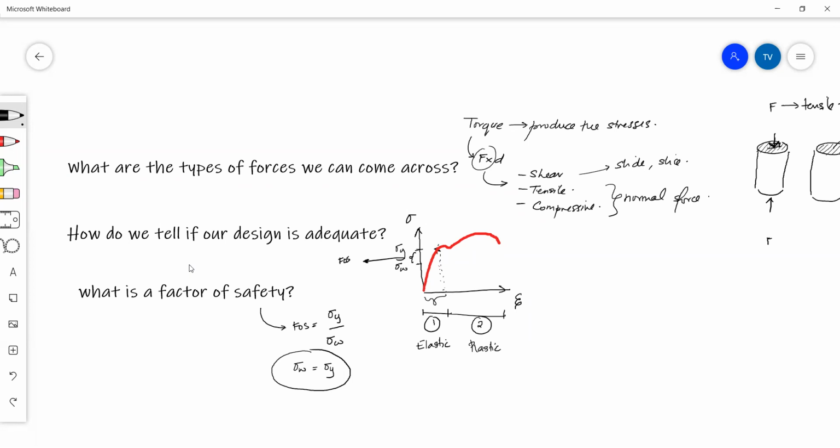So we never try and design it so precisely. We give it a certain factor. So these factors are usually 1.2, 1.3, and they can be anything up to about 10. 10 is usually the max, but it can go even more.